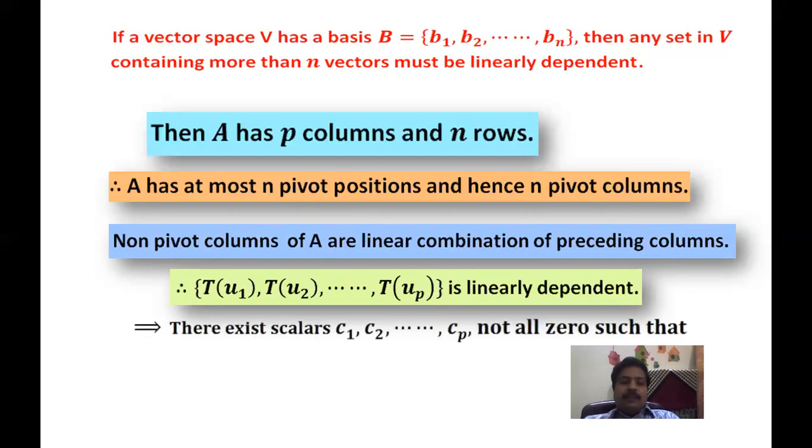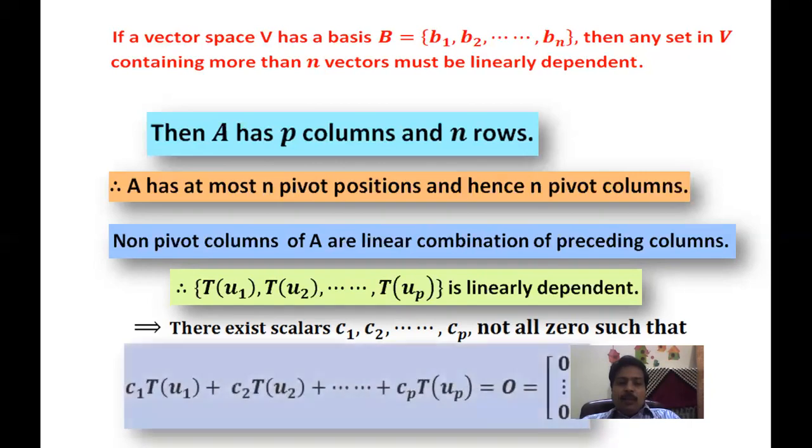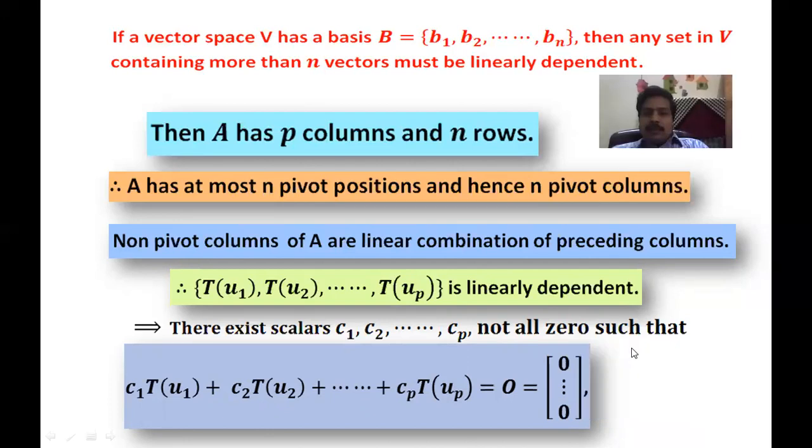So whenever the set is linearly dependent, we can find a set of scalars c1, c2 and so on cp, not all 0, such that c1 T u1 plus c2 T u2 and so on cp T up is equal to O. O is the zero vector of Rn.